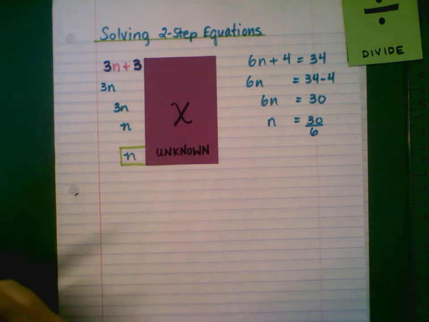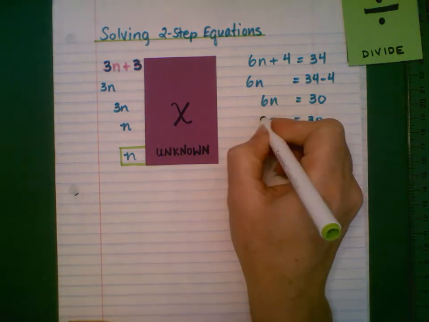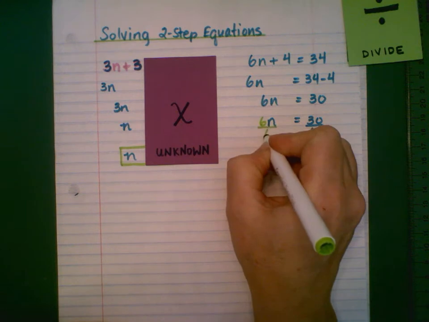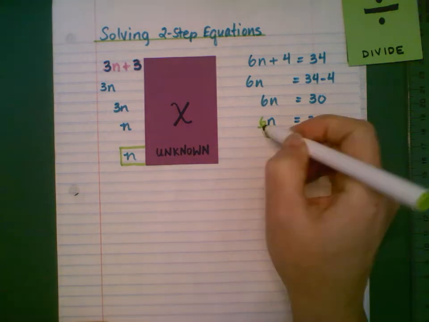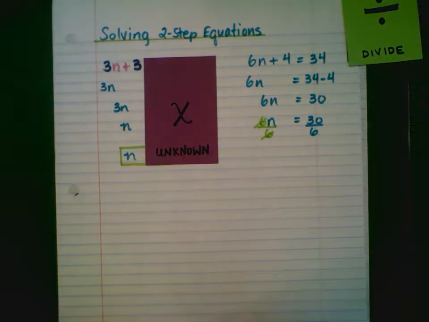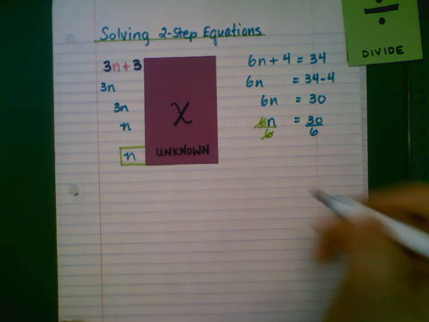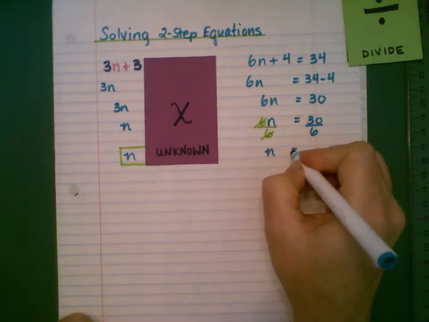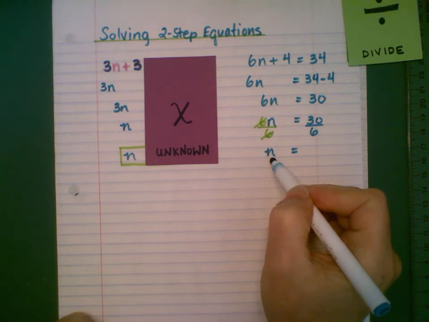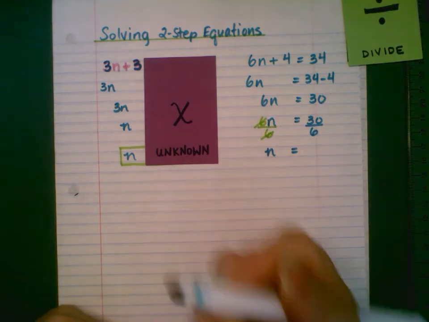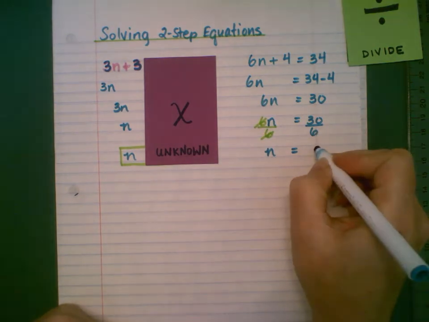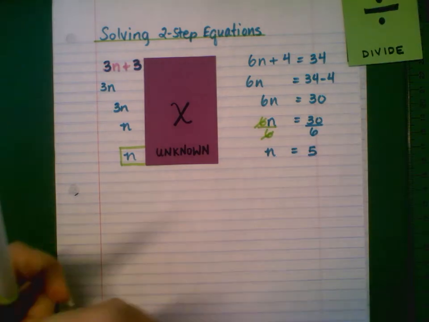Depending on your teacher, you may be required to write in the 6 divided by 6 and then cancel them out. You'll need to check with your teacher on that one. In the end, the left-hand side simplifies down to just n, or the variable. The right-hand side simplifies down to 5.